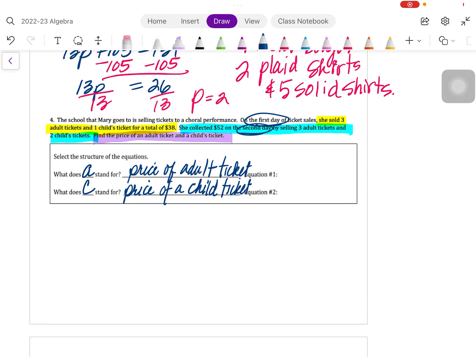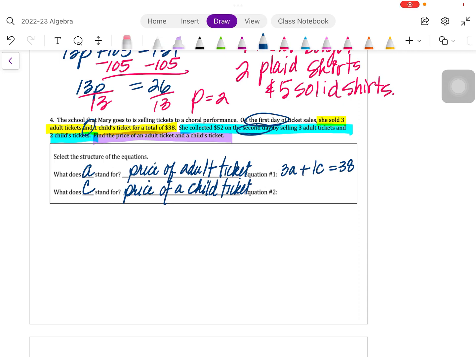So 3 adult tickets would be 3A. Here's that word and, means add. 1 child ticket, you could put 1C or just C, is a total of $38. So that's the first equation for day 1.